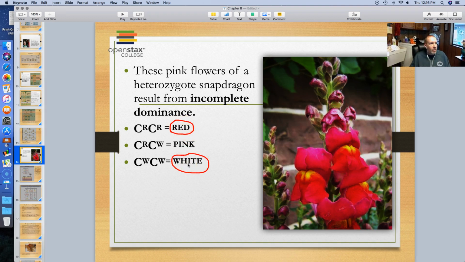The difference is, though, that in this case, in snapdragons, there are actually instances where the offspring are pink, not red or not white, but somewhere in the middle, which would kind of lead to people back in Mendel's time going, see, we're right, the blended characteristics is how characteristics are passed from parents to offspring.